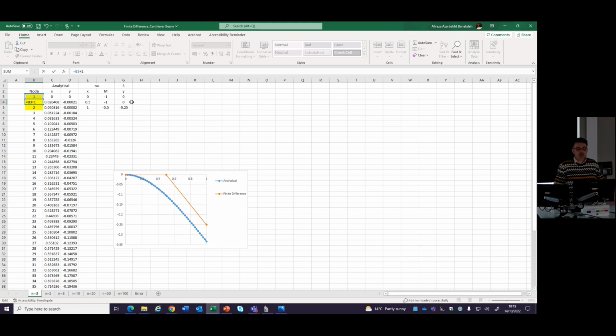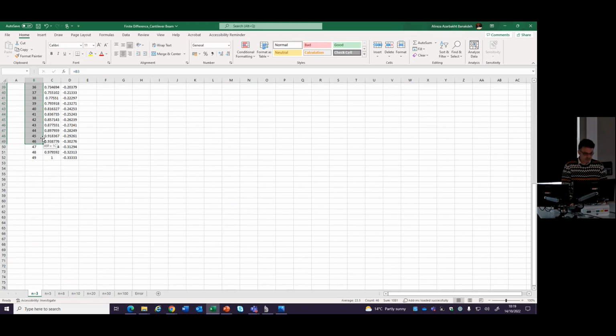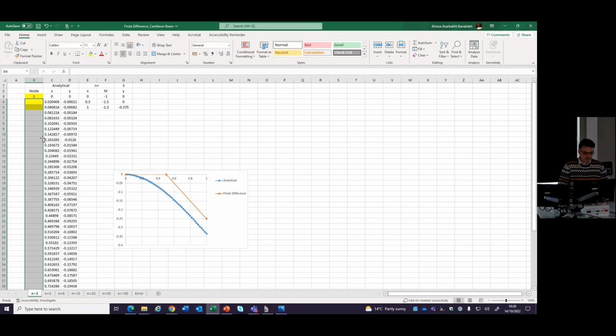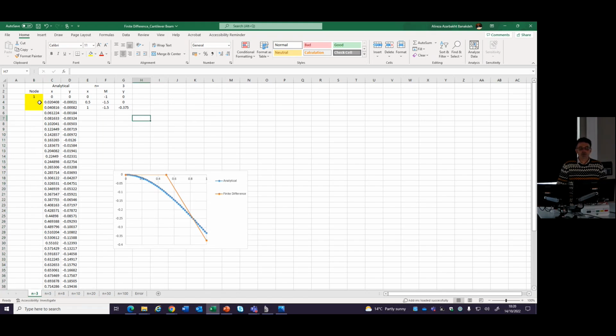Okay? If you write a formula like here, B3 plus 1, let me delete all of these until 50. Okay? We don't have here anything. I just write 1 here. I go to here and I say equal.